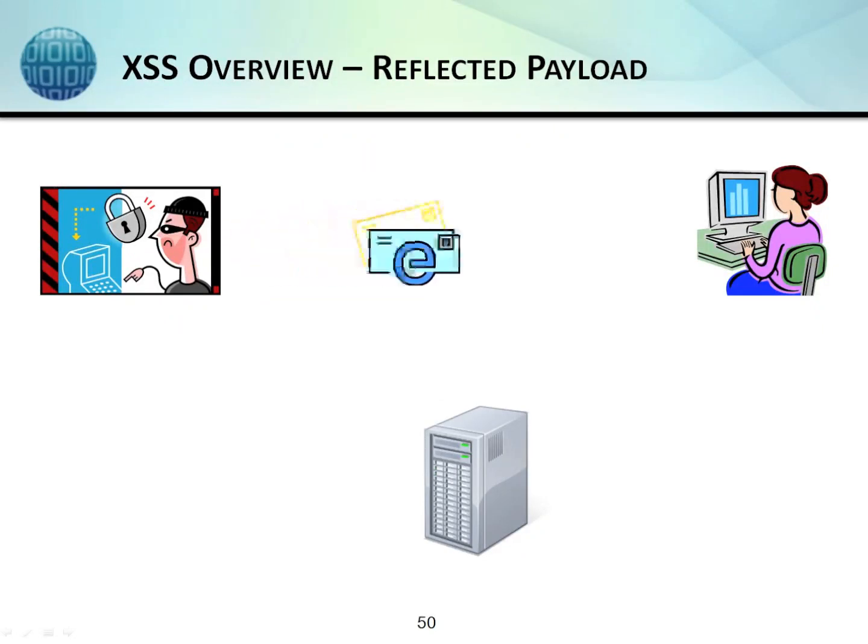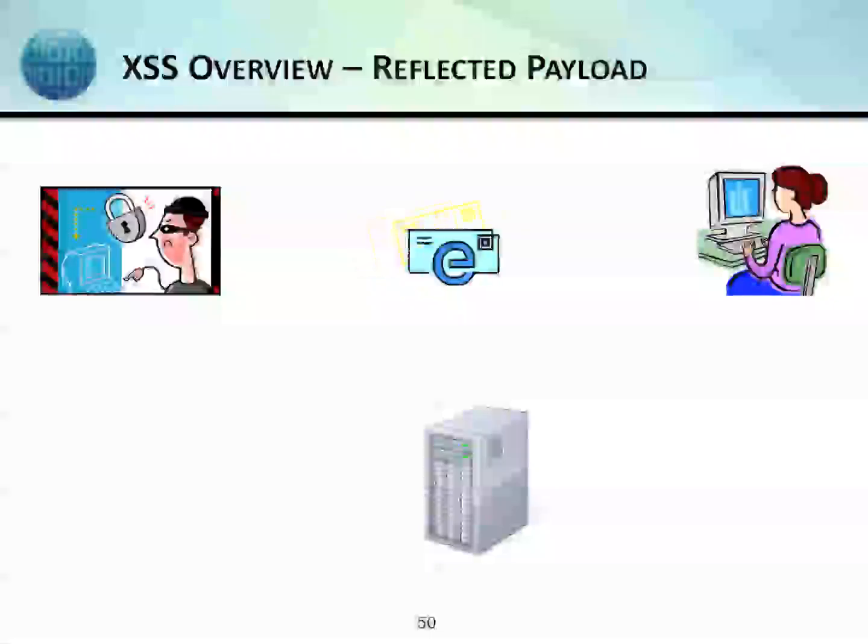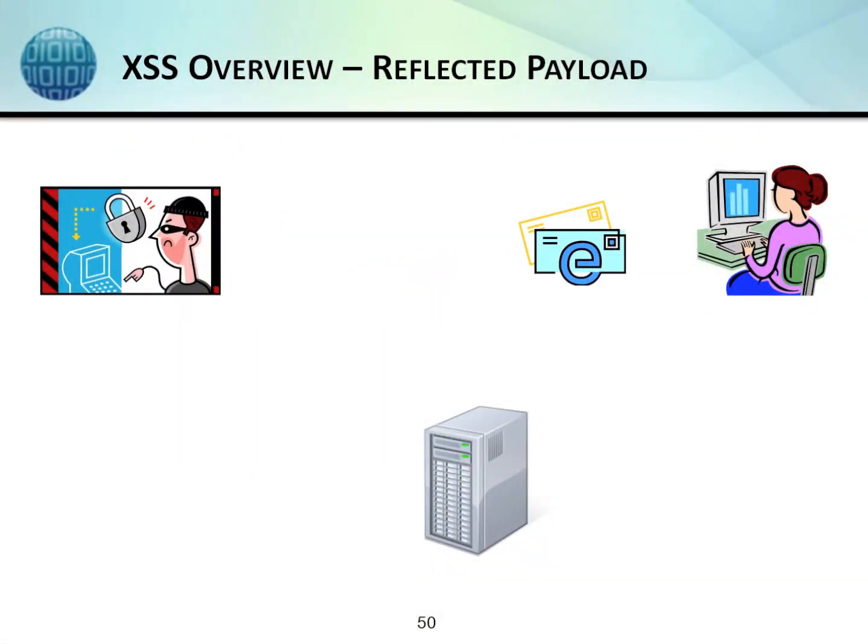Reflected. So I guess the first thing with reflected is, because the input's being echoed directly back in the page, you have to find a way to get that code to execute against another user.